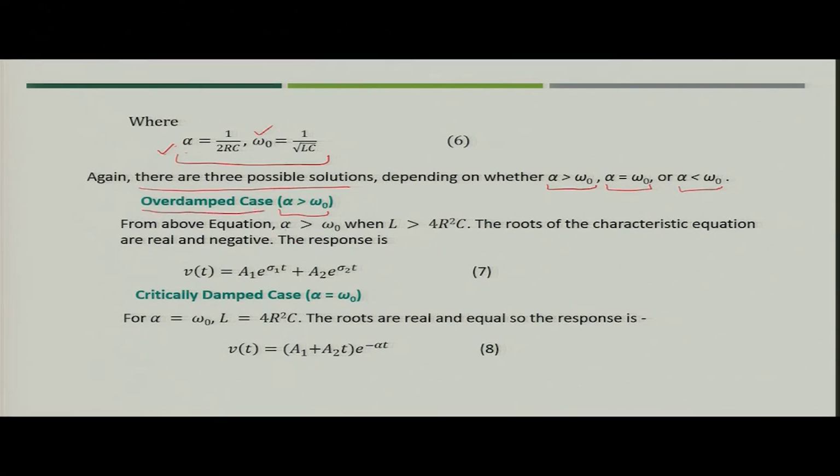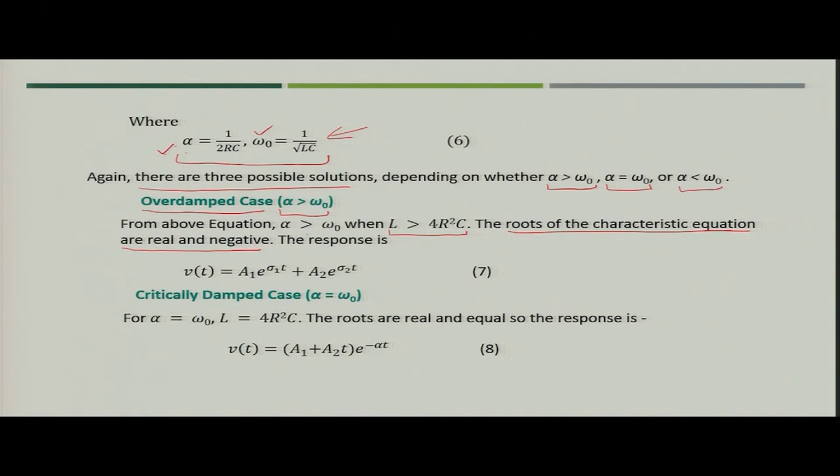If you replace alpha and omega naught with the values which you assumed previously, you will get the condition that when L is greater than 4 R square C, the circuit will be overdamped. In that case the roots of the characteristic equation are real and negative.